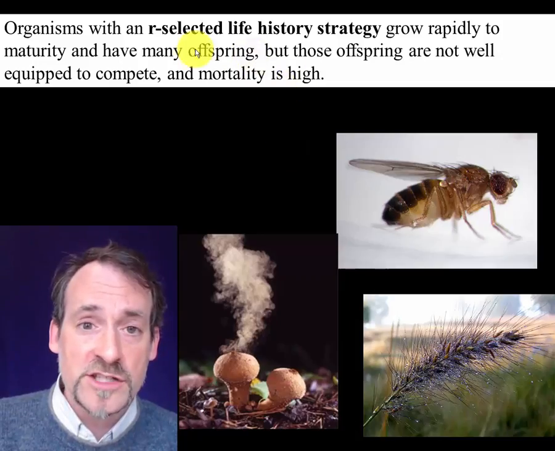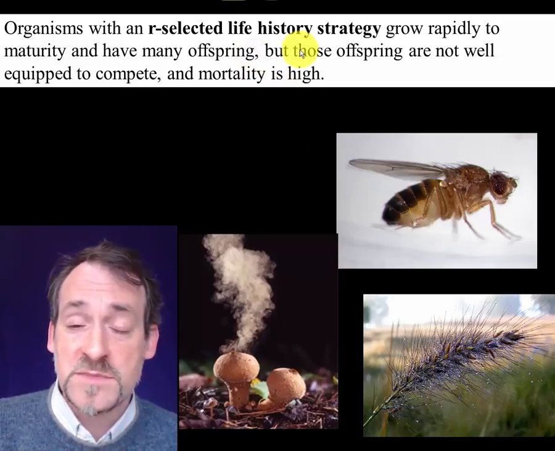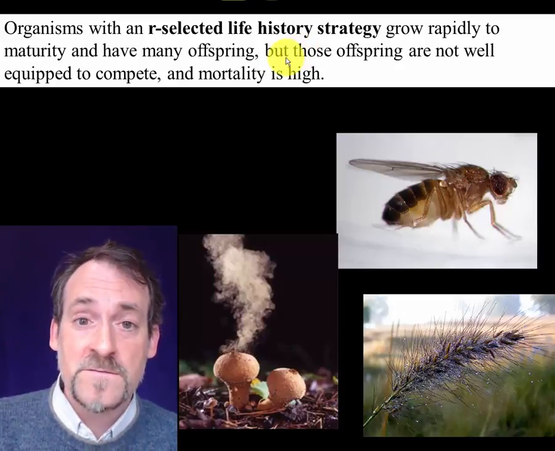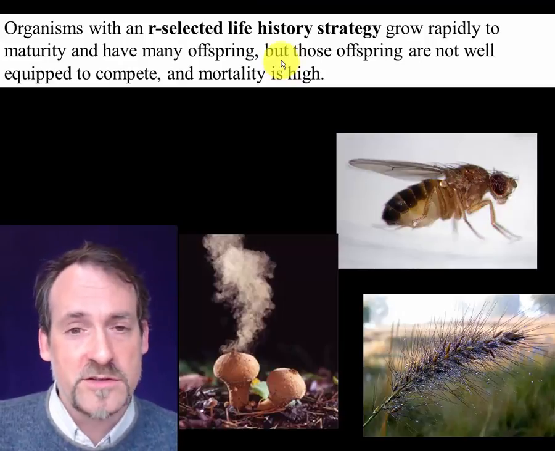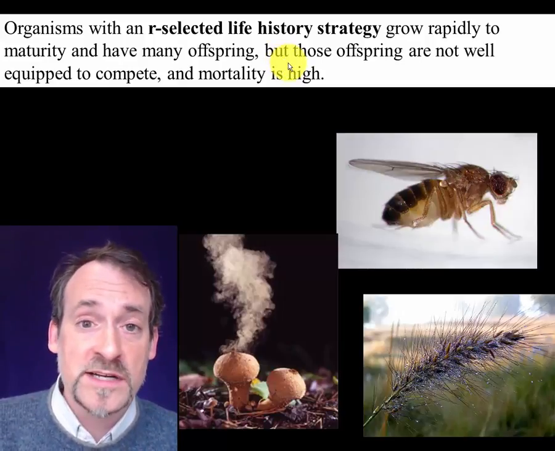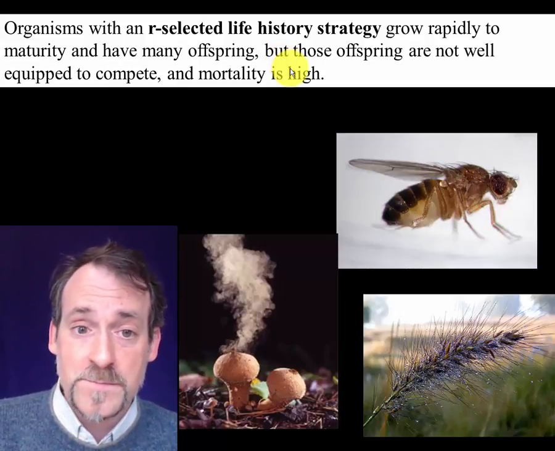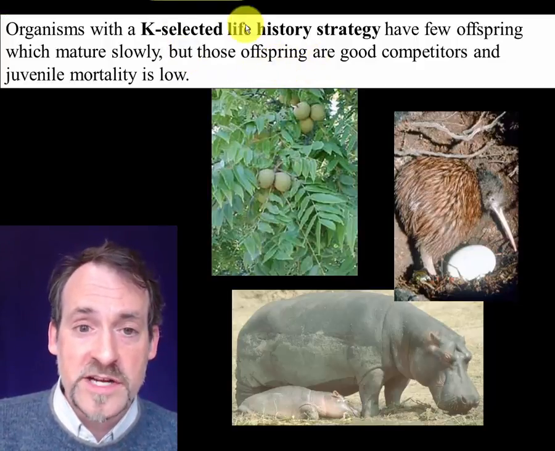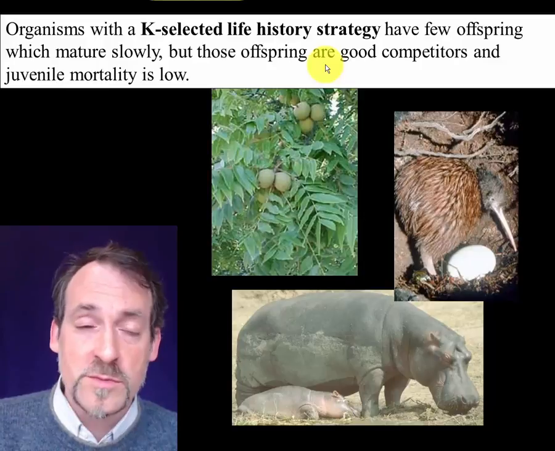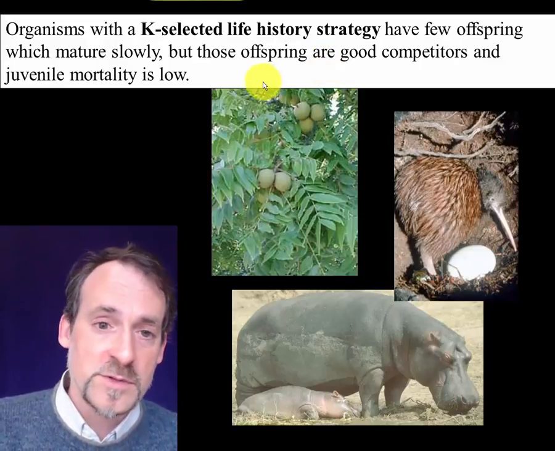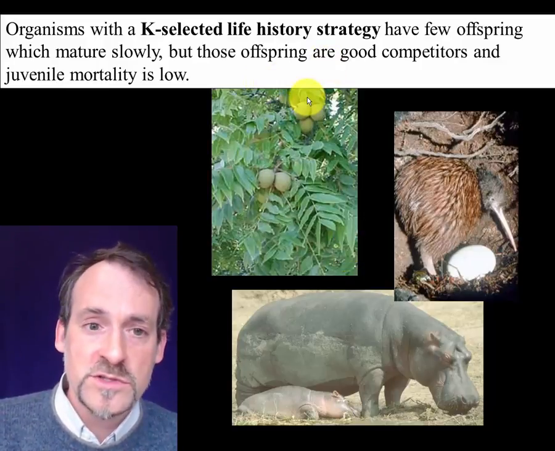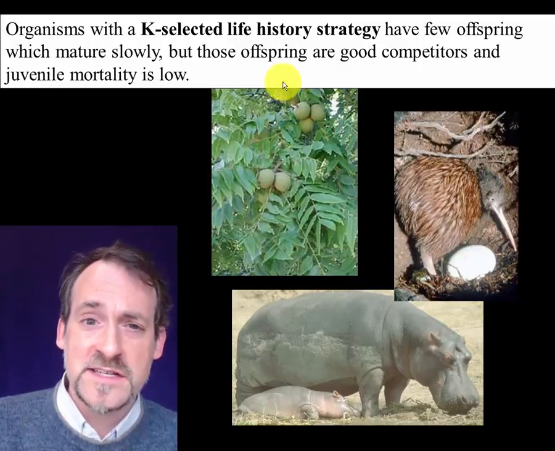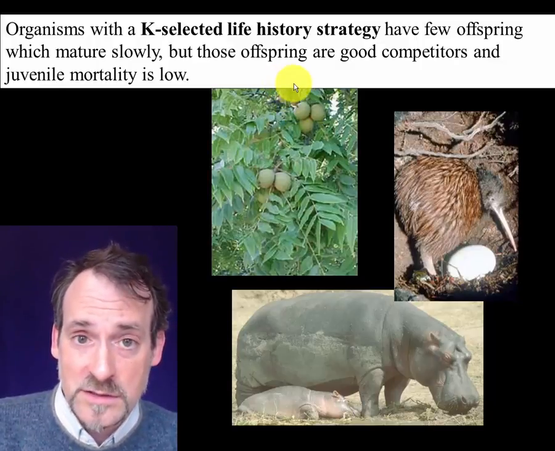So on the one hand, we've got short generation time, small size at maturity, fast growth, small offspring, low survival rate. And here we have long generation time, slow growth to maturity, late age of first reproduction, large individuals, large offspring that tend to have high survivorship.